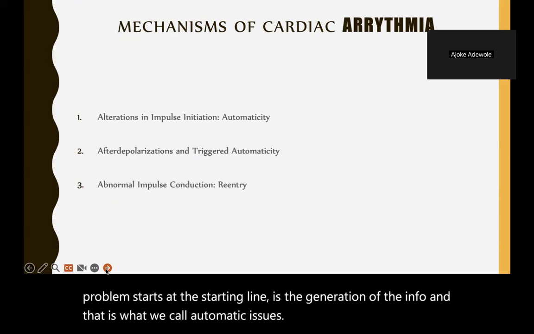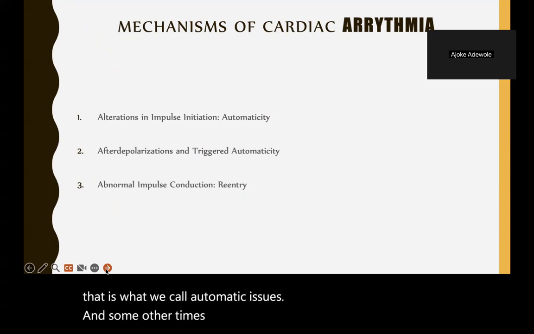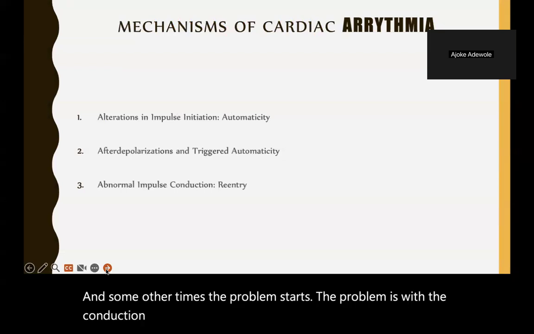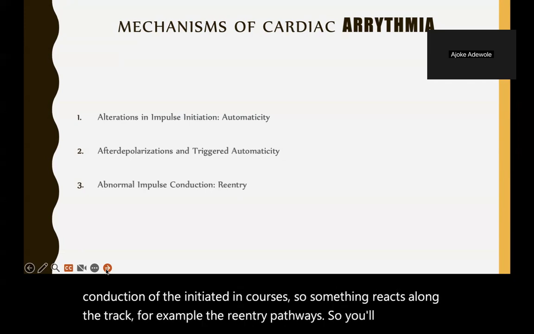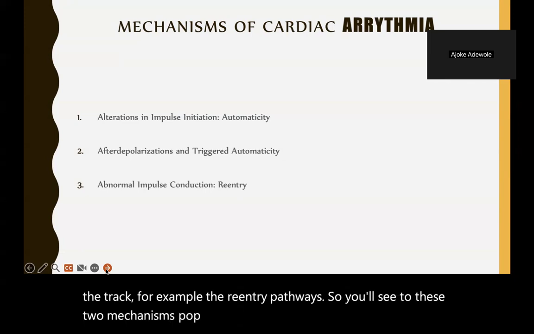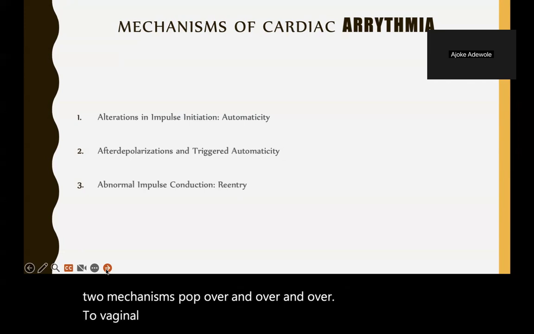Other times the problem is with the conduction of the initiated impulses. So something breaks along the track, for example, the reentry pathways. You'll see these two mechanisms pop up over and over in all arrhythmias, from atrial fibrillation to ventricular tachycardia. Every arrhythmia story starts with a misfire or a wrong turn.